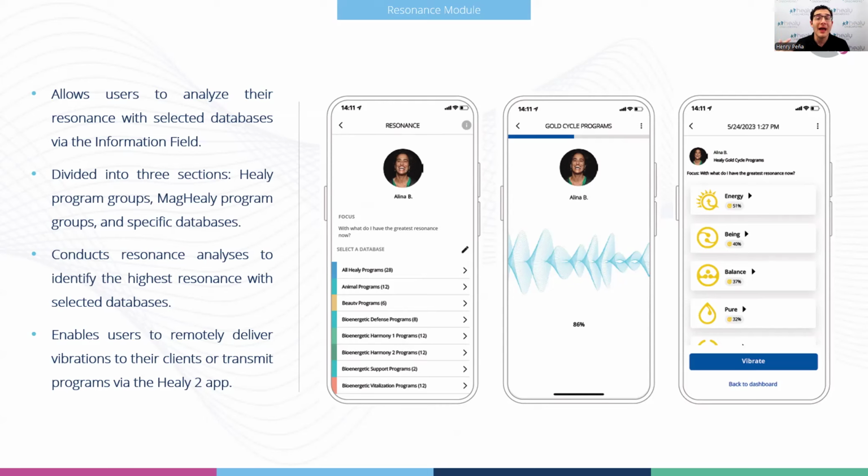The bioenergetic field can be harmonized and will be harmonized, but in a more indirect way than when we're talking about actual direct energy, when we're talking about the Healy 2 app, which will be sending either electricity if you're using microcurrents, or the frequencies from the electromagnetic fields in the case of using the coil, or even if we were to use the Mac Healy, there are also electromagnetic fields that are directly interacting with your body and your bioenergetic field.